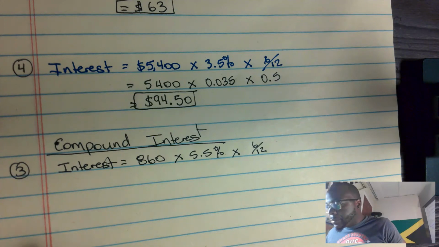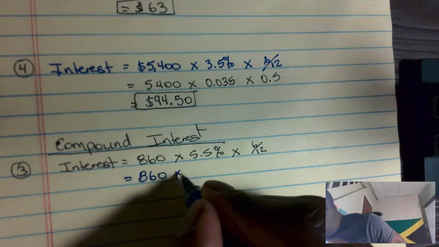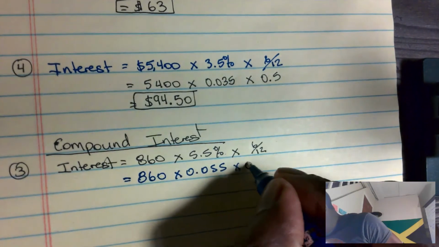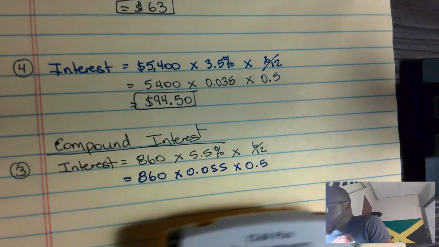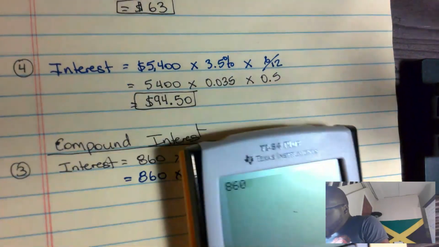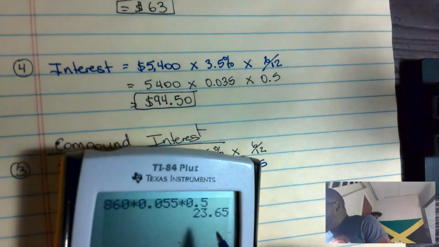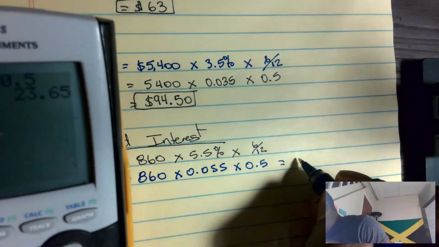So it's 860 times 0.055 times 0.5. For those who need clarification, when I plug that into my calculator, it's 860 times 0.055 times 0.5, and this gives me 23.65. So the interest is equal to 23.65.